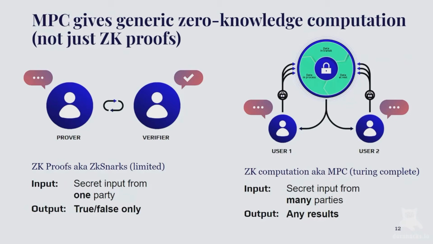So you can perform very complicated computations, and then you can reveal only the results you choose to reveal. So you can take input from many parties, and you can create any result as long as it is computable with a normal program based on the inputs.